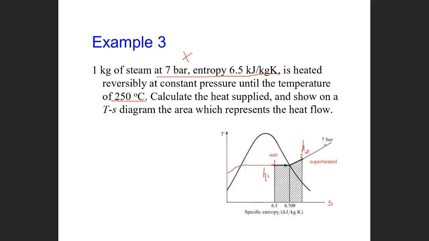Because for a heating process there is no work, we can directly use the enthalpy. This from the superheated steam table, this from the saturated table to calculate the dryness fraction, and based on the dryness fraction, we can calculate enthalpy. We have introduced this in our teaching notes.